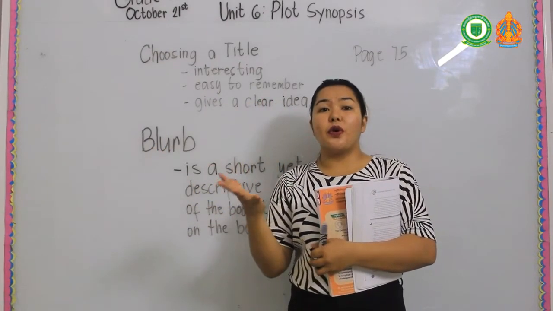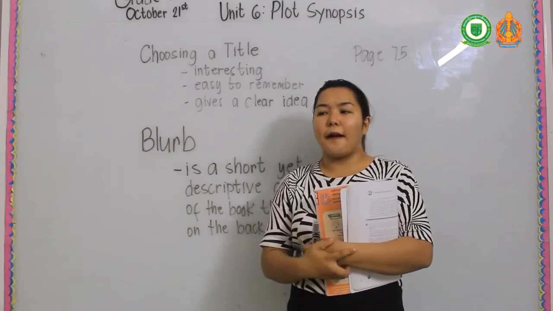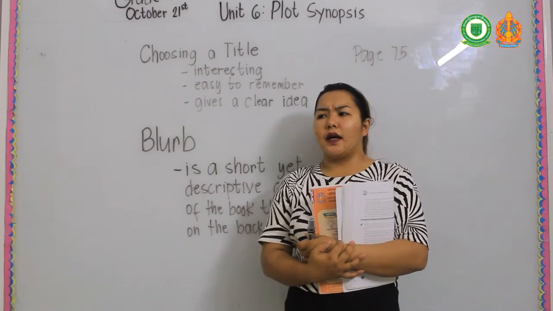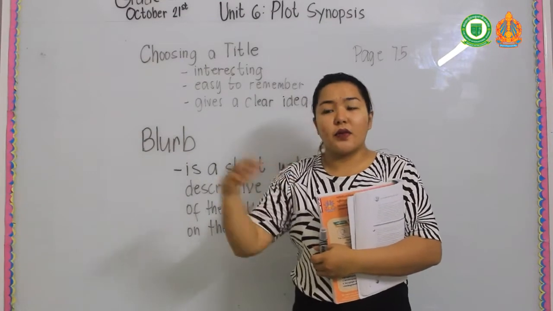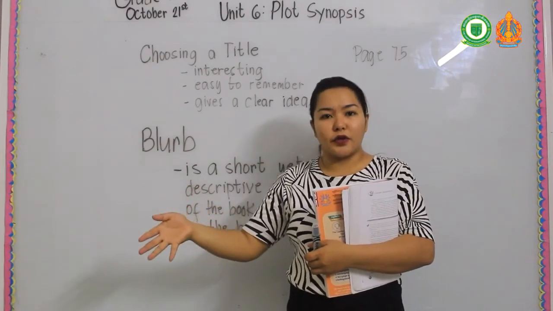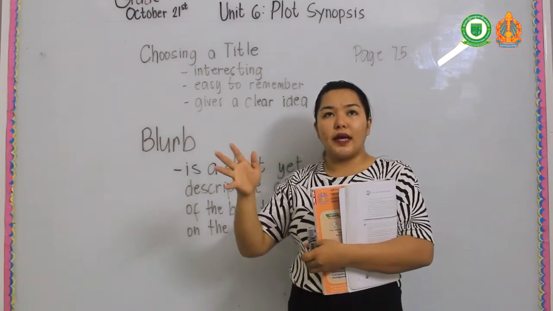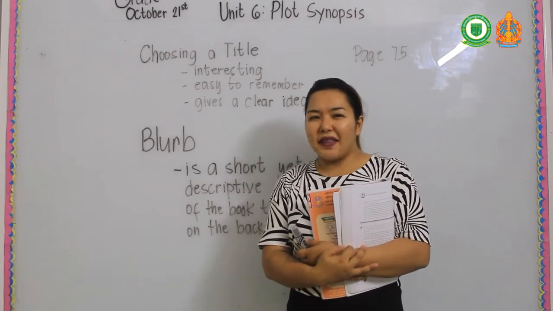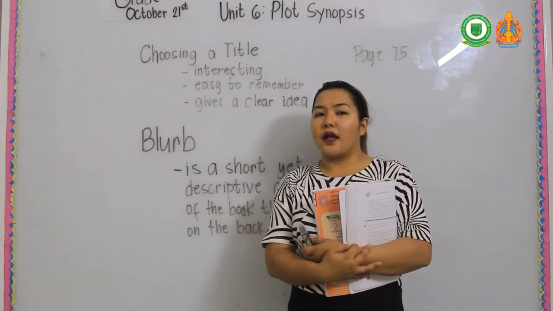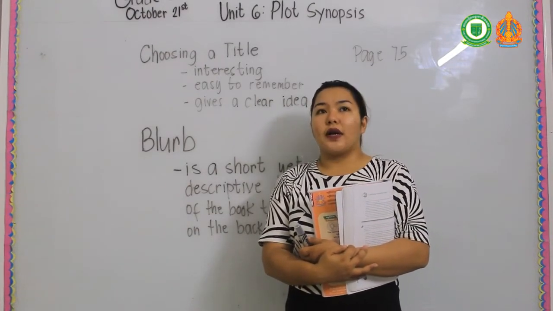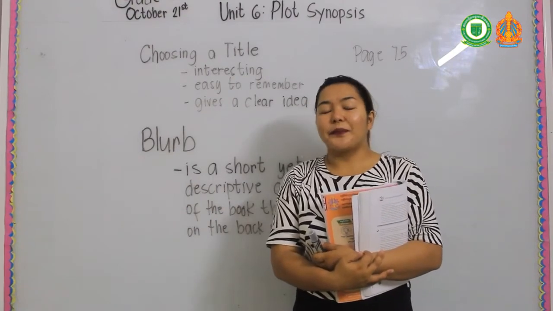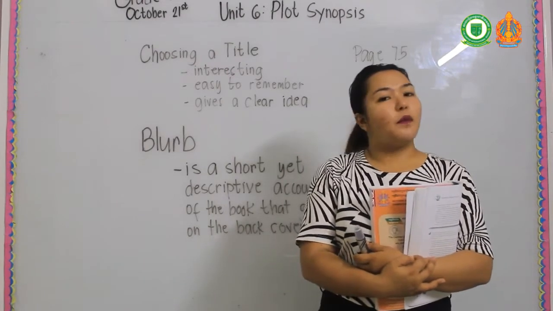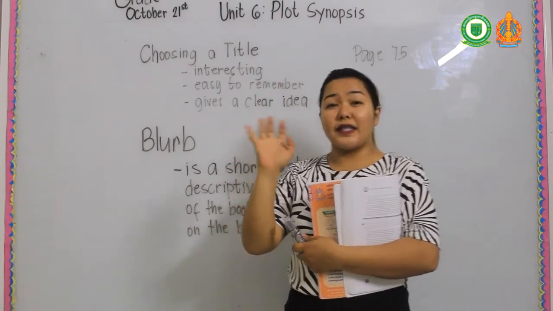Because there are also stories which use only 1 word as the title, like for example, "Enemy." So that can already be your title for your story, and it will also give an idea of what the story is all about. So maybe this story is about the writer's enemy, or a country's enemy. Okay, so when choosing a title, it should be not more than 5 words or 5 words and below.